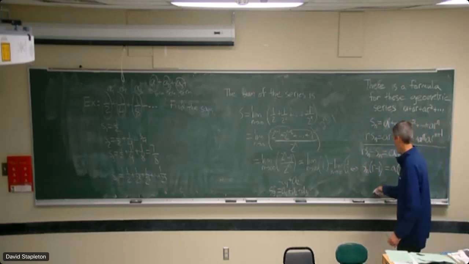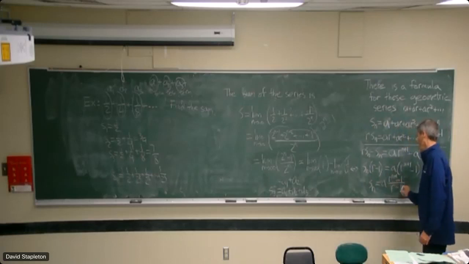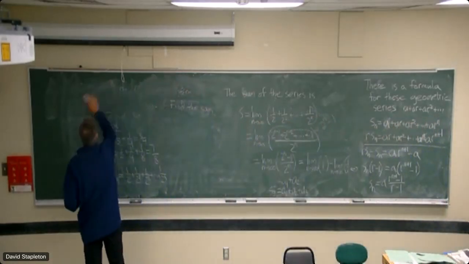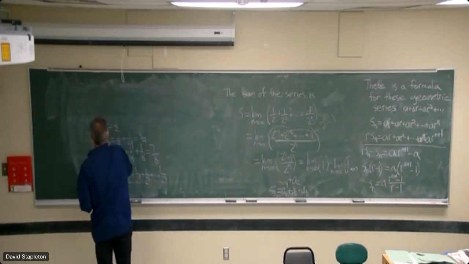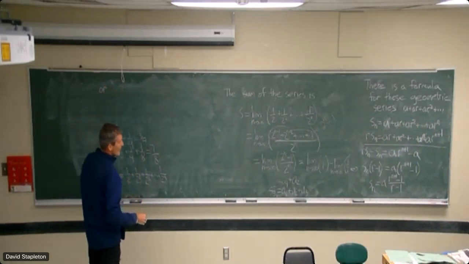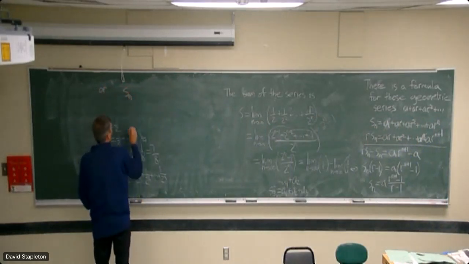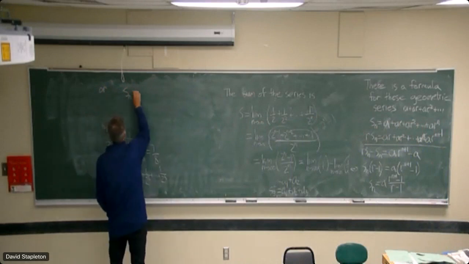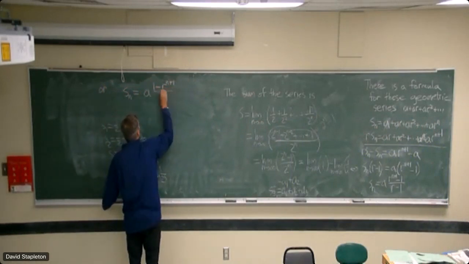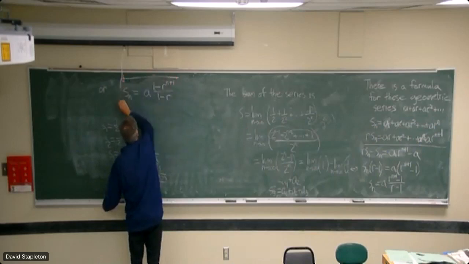If you divide now, you get that Sn, the nth partial sum, is a times r to the n plus 1 minus 1 over r minus 1, or the way it's more often written, a times 1 minus r to the n plus 1 over 1 minus r, so minus the top over minus the bottom.